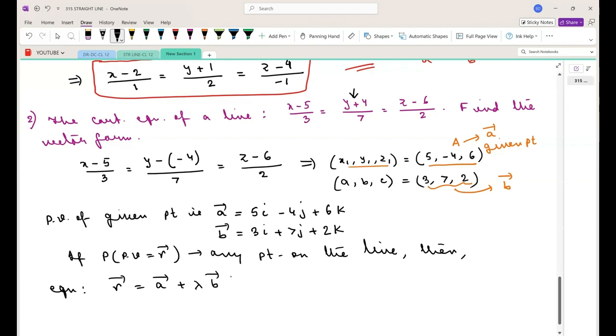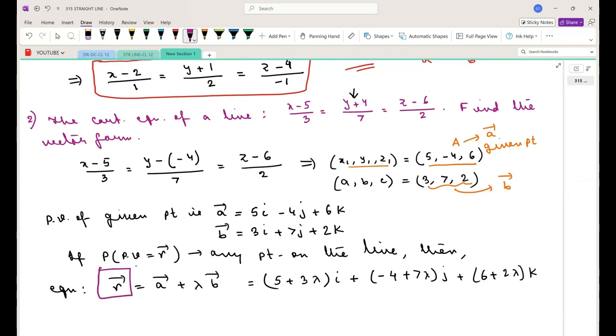Now if you plug in the values of A and B and rearrange the terms, the final answer will come as (5 plus 3 lambda)i plus (minus 4 plus 7 lambda)j plus (6 plus 2 lambda)k. So that's going to be the final answer, that is r equal to this. So you have converted the Cartesian form to vector form.